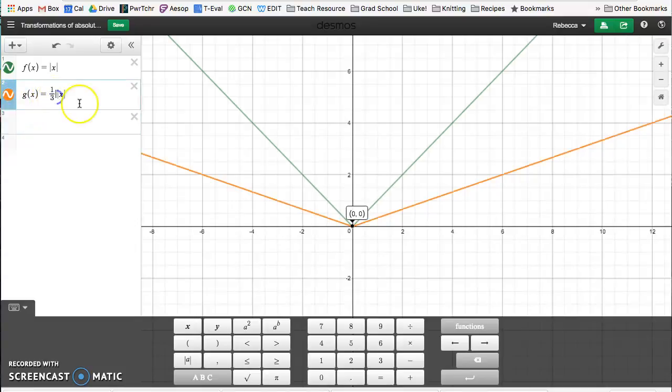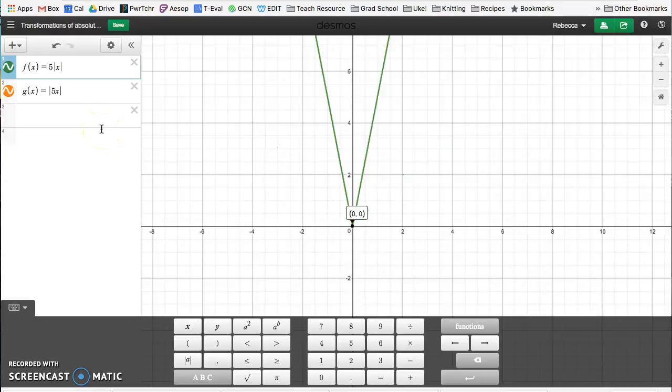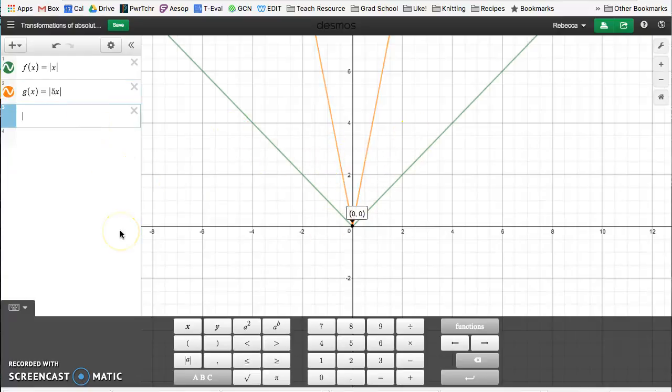Now you're probably thinking, what happens if I multiply on the inside? Well, it's kind of strange. So this is actually a horizontal compression. So all the x, it's not quite the same as if I did this. Oh wait, it is the same. Haha, I'm just kidding. But what's happening is I'm taking all the x values and actually multiplying by a fifth.